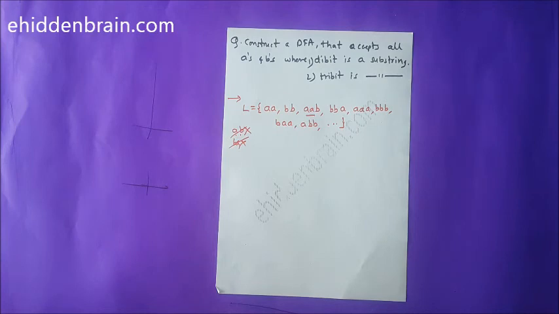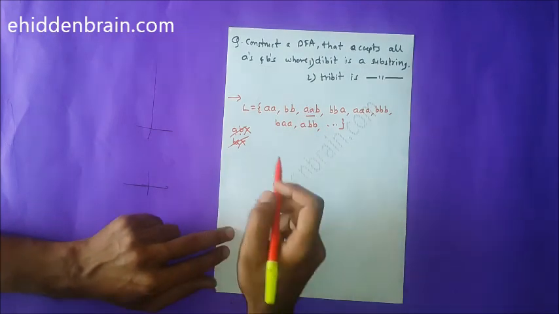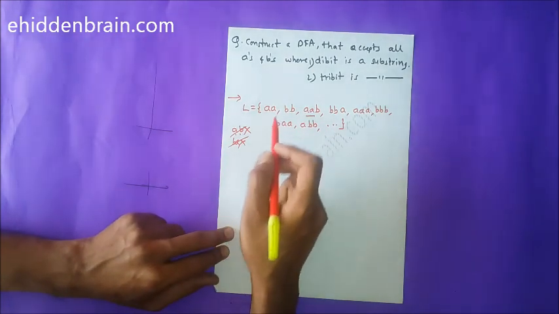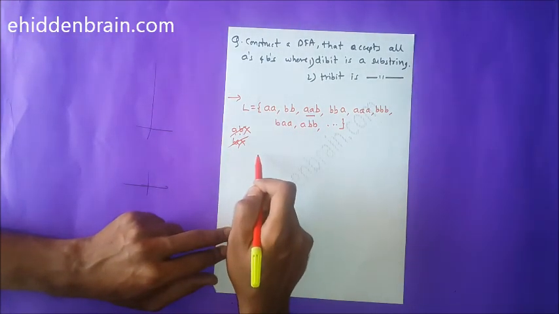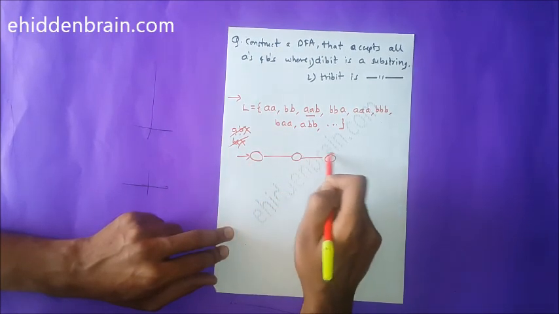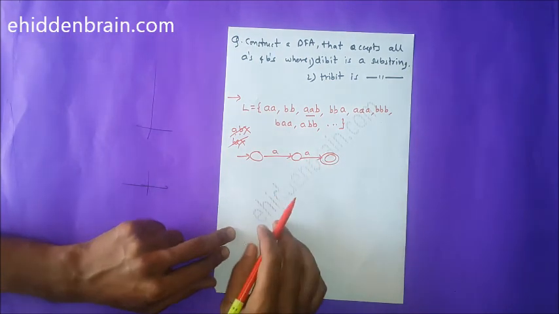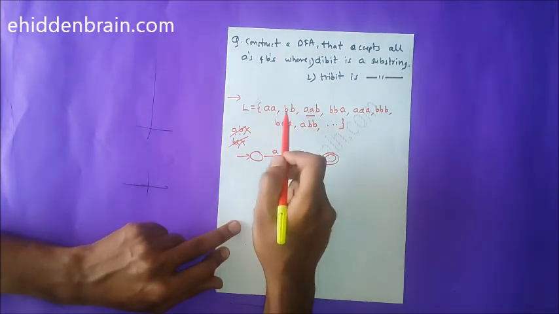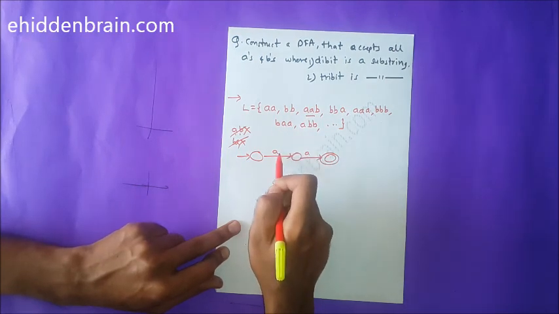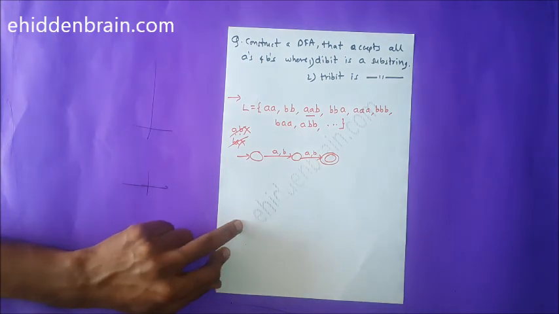So now let's try to build the given stuff, right? So let's see how things work here. So simple, let's try to draw the automata for the smallest string. Yes. Now the next smallest string is BB. So can I draw the BB transition on the same line? Let's see what happens.